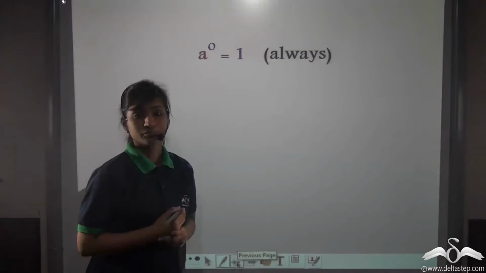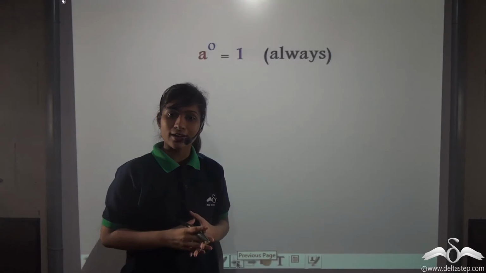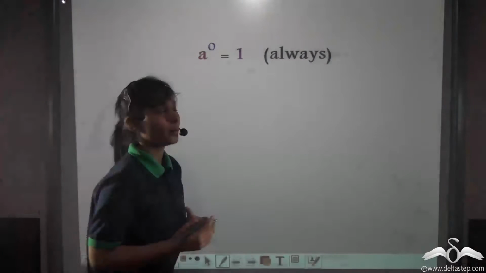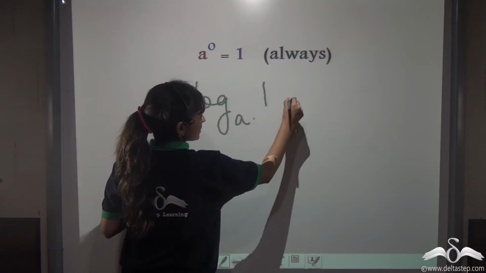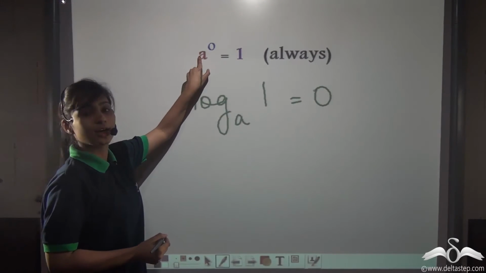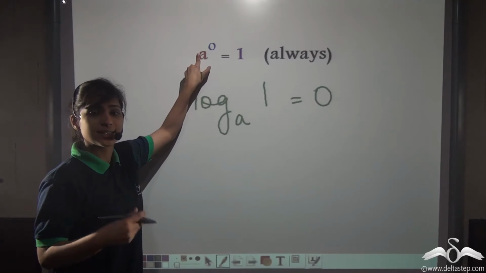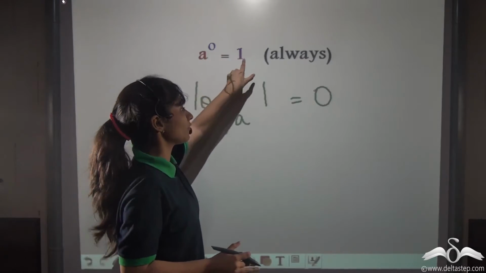Let me show you. You know that this exponential form can also be expressed in logarithmic form. Do that for me. What will it be? Log 1 to the base a is equal to 0. Now we know that we can take any positive real number here instead of a, b, c, d, whichever you want. Then the power 0 will give you 1 only.